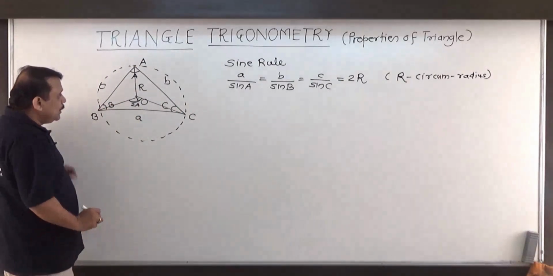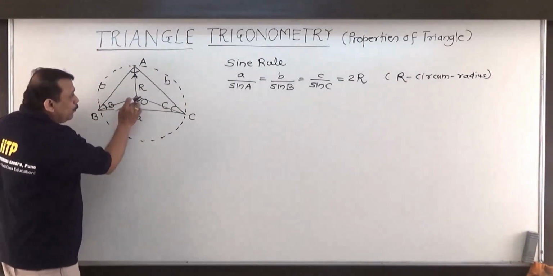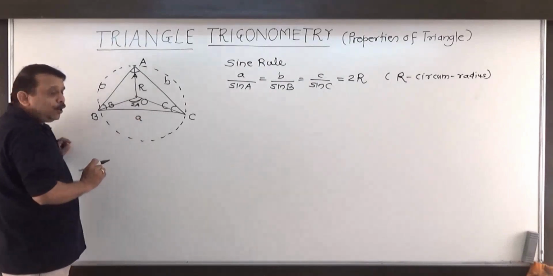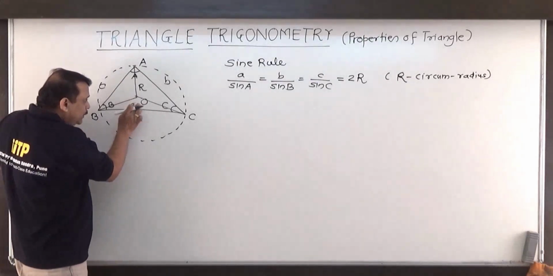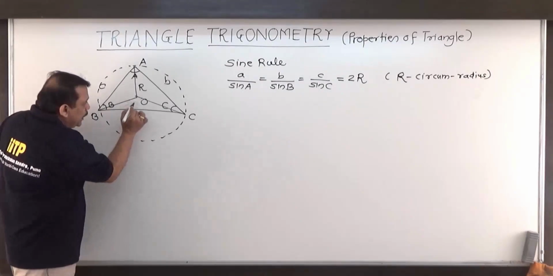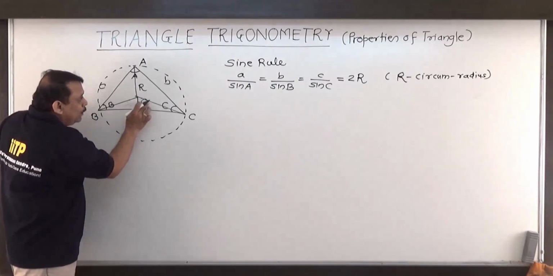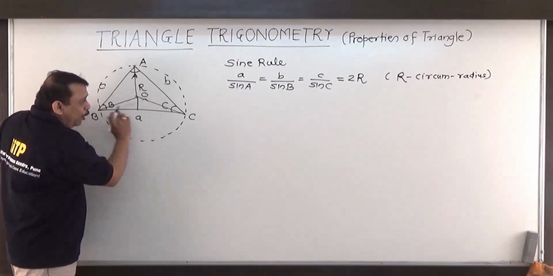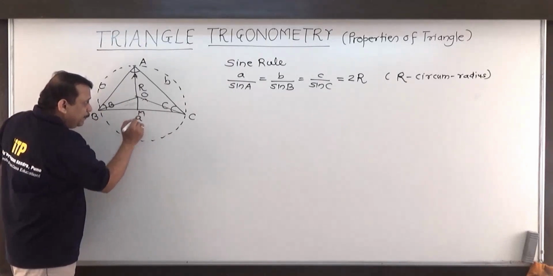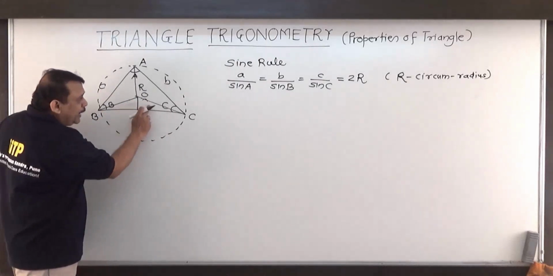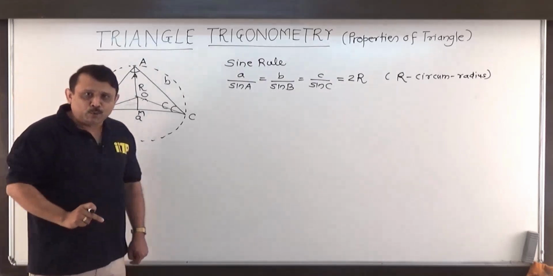Now what we do is, let us drop the perpendicular from the center of the circle on the chord. So this angle is twice A. So let me drop the perpendicular from this point O on the side BC at say M. Then these two triangles are very clearly congruent.